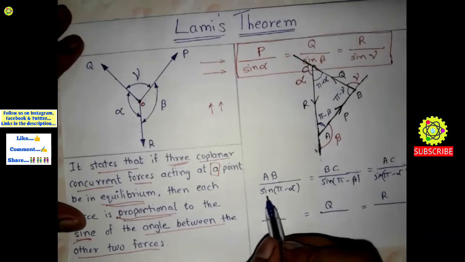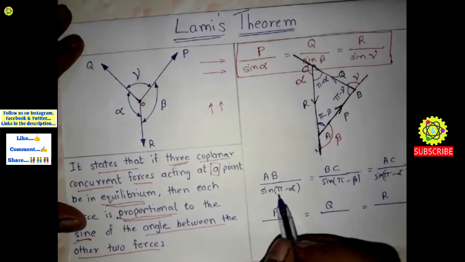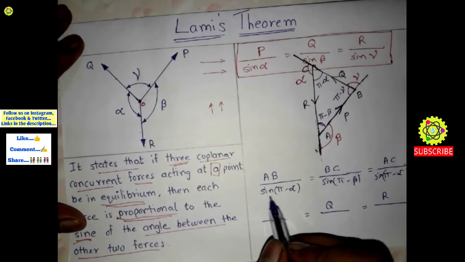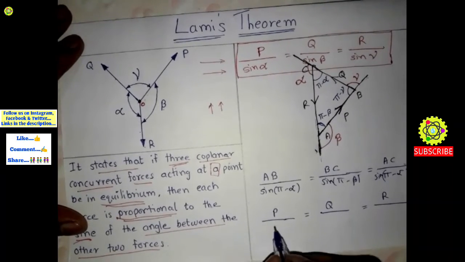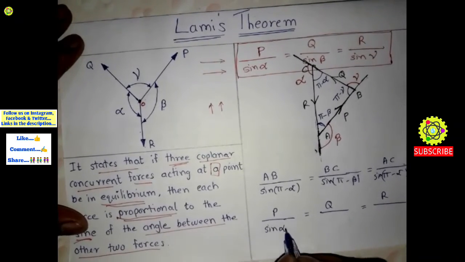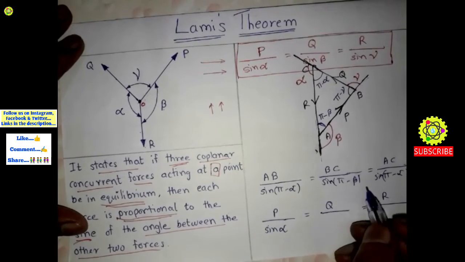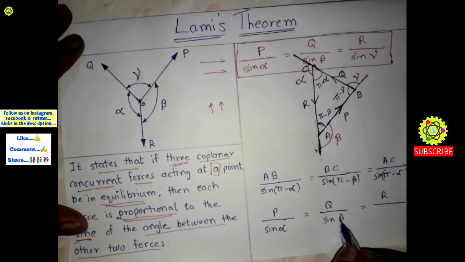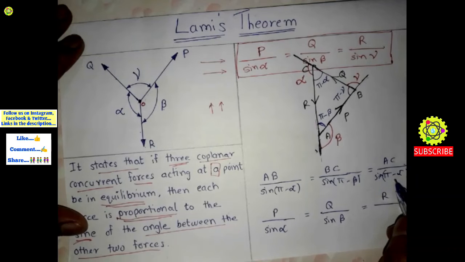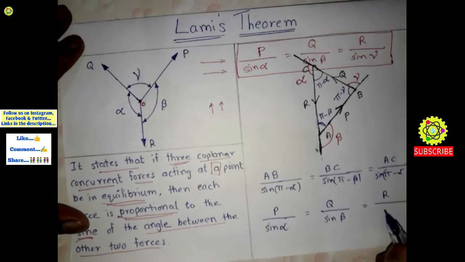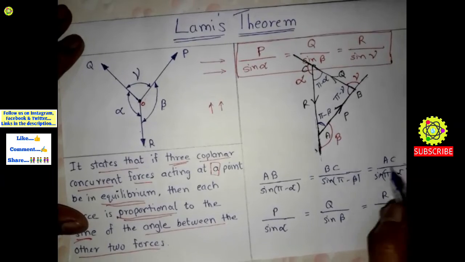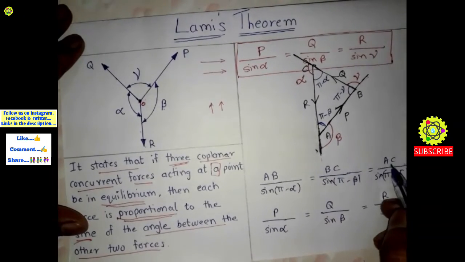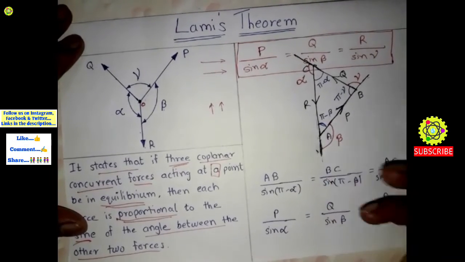Now see, sine pi minus alpha is sine alpha. This is a trigonometric relation, so here sine alpha. Now sine pi minus beta is sine beta, and sine pi minus gamma is sine gamma, so AC upon sine gamma.